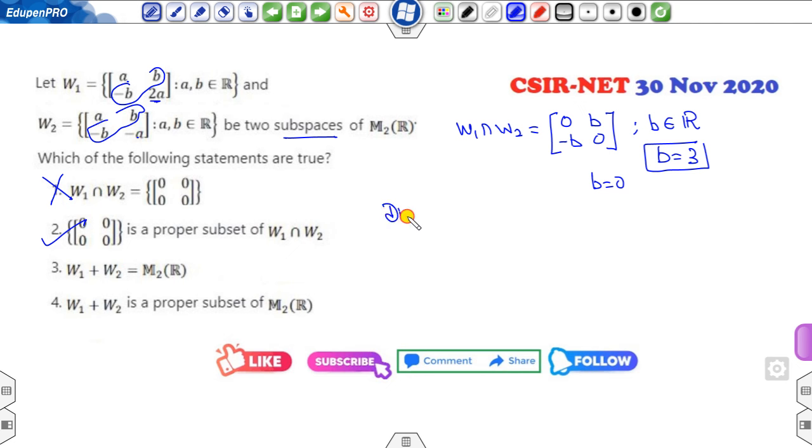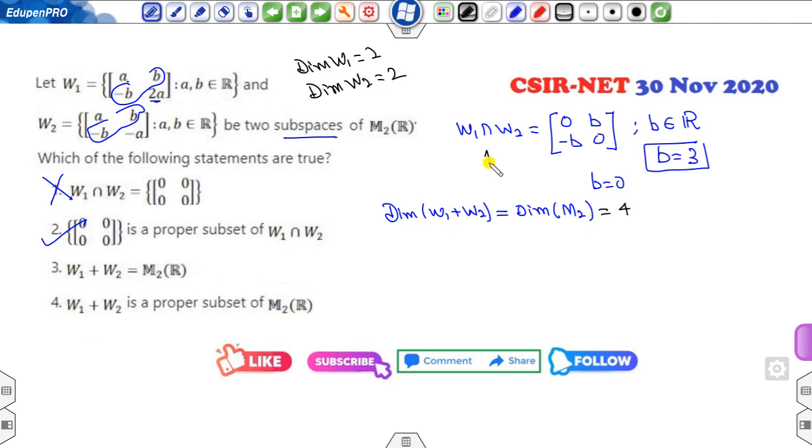Okay, I can find the dimension of W1 plus W2 if I prove that the dimension of W1 plus W2 is the same as that of M2. M2 has dimension 4. Now you can find the dimension of W1. How many unknown vectors? 2. What is the dimension of W2? Again 2.